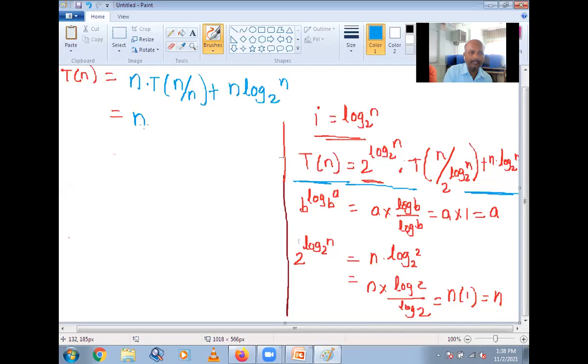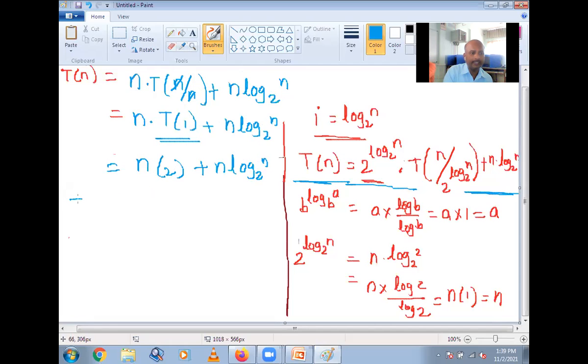So here n into T of n by n, this n gets cancelled, T of n plus n log 2 raised to n. Here the value of T of 1 is given, that is 2. So n into 2 plus n log 2 raised to n.